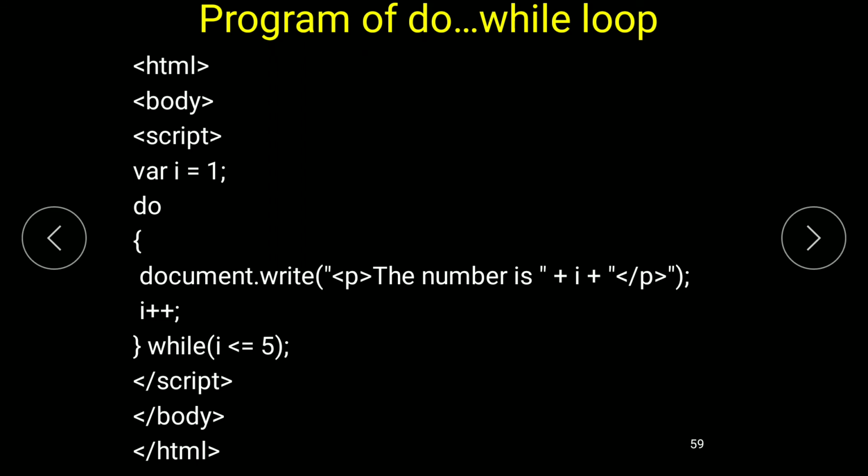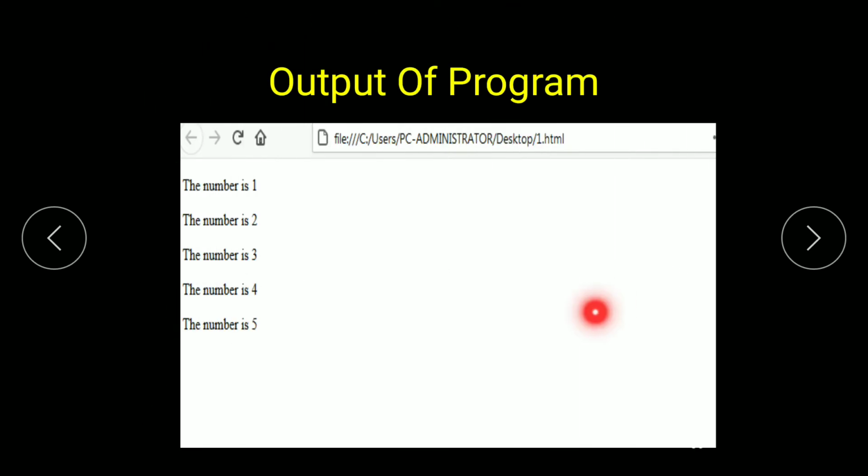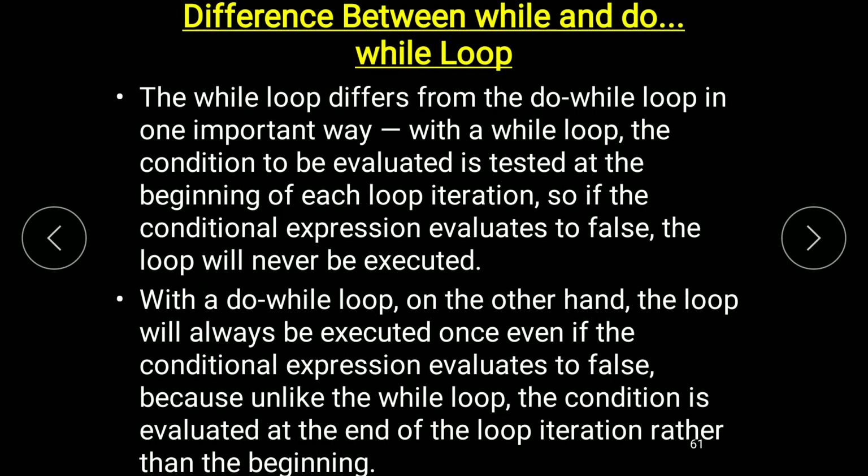This code is executed till the condition becomes false, but at least one time this code will execute. And this is the output of the program, students. So I think this is the difference between the while and do while loop.